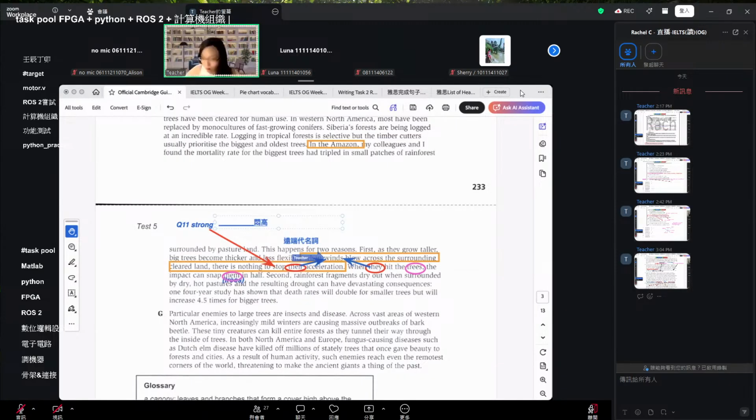So strong something are capable of damaging tall trees in the Amazon. Okay, so that was referring to the winds.